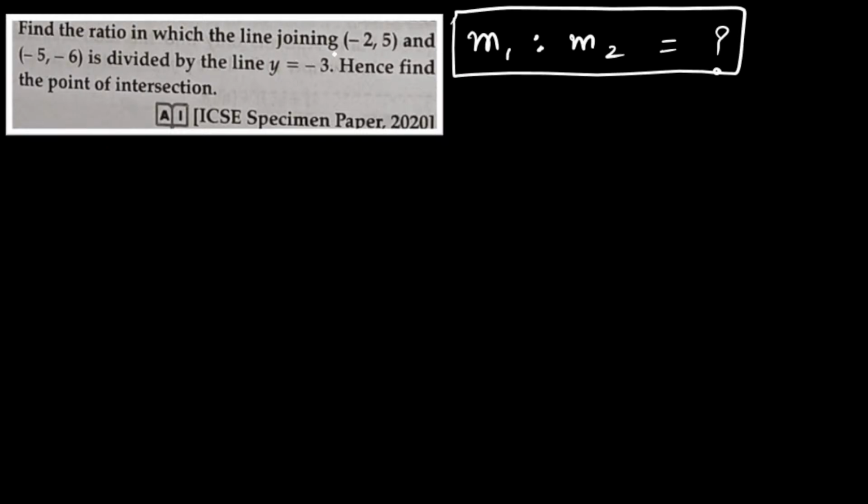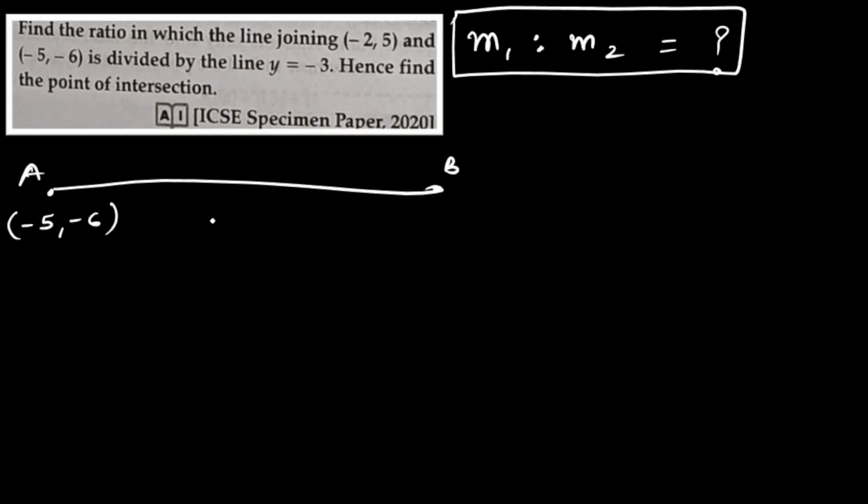So the line joining the points means these are the endpoints of the line segment. I'll write the endpoints of the line segment as A and B. So line segment AB has coordinates -5, -6 and -2, 5. So coordinates of A and B are given to us.